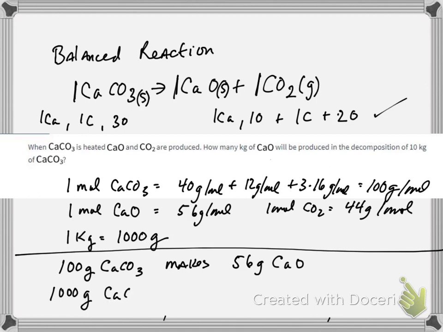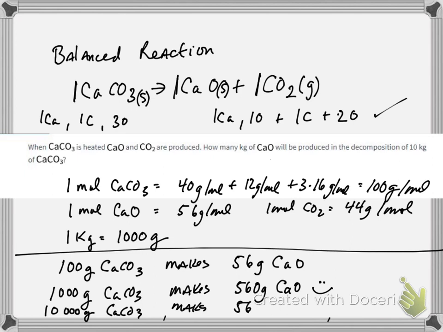So 1,000 grams of calcium carbonate makes 560 grams of calcium oxide. And now 10,000 grams, which is 10 kilograms of calcium carbonate, makes 5,600 grams of calcium oxide, which, if we divide by 1,000, would give us 5.6 kilograms.